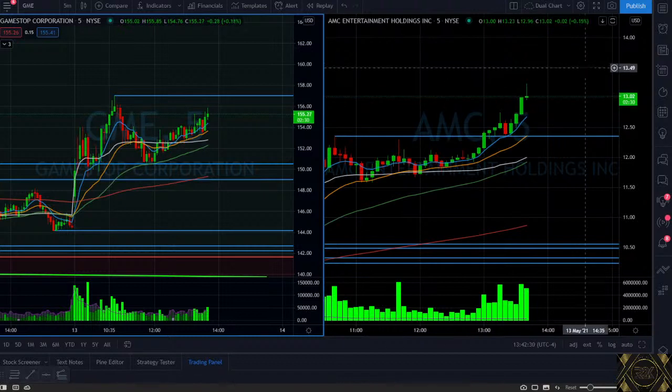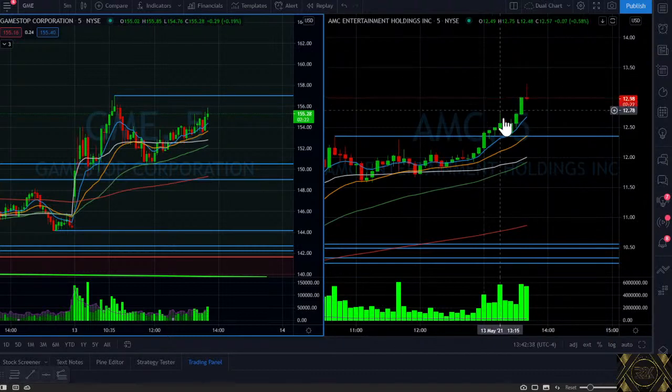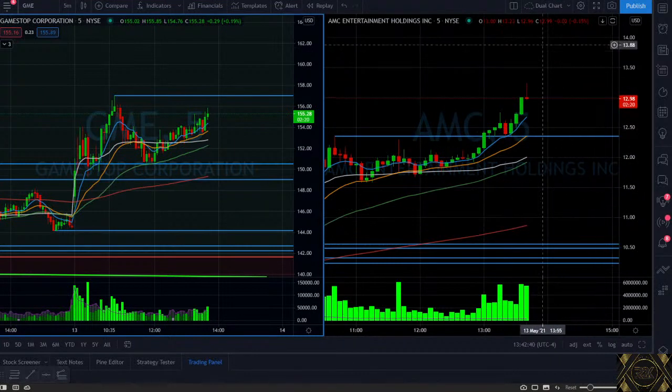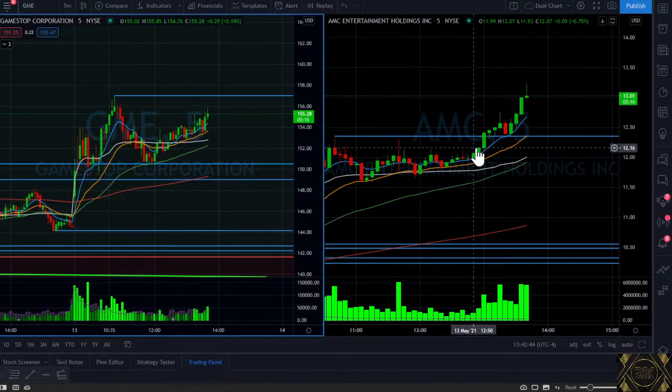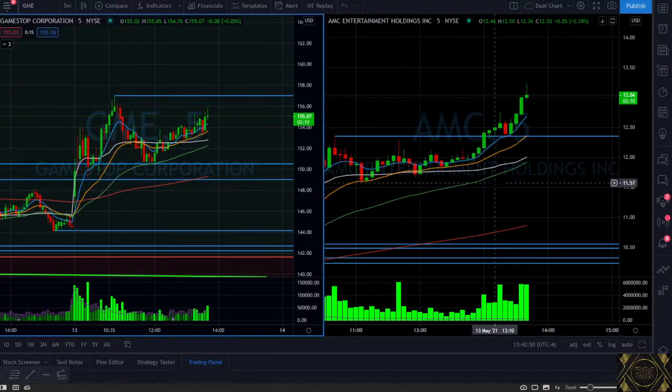You can see the premiums are still a little bit messy, bouncing all over the place. And that's the thing, don't ever be scared to take profits, because then you're going to be looking at the play like AMC and saying that should have been $200 profit or so, but I didn't take that play.